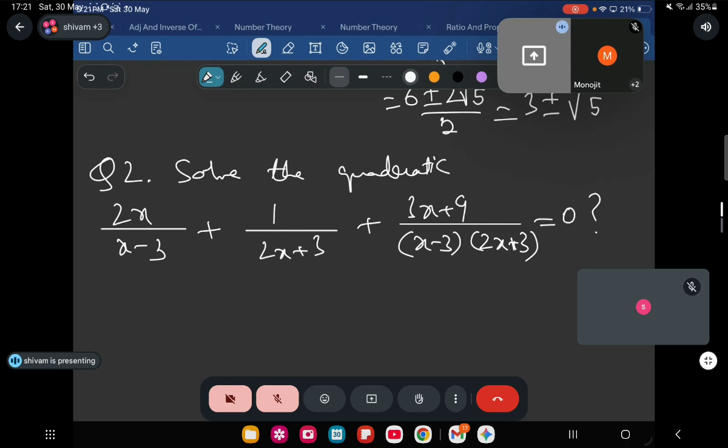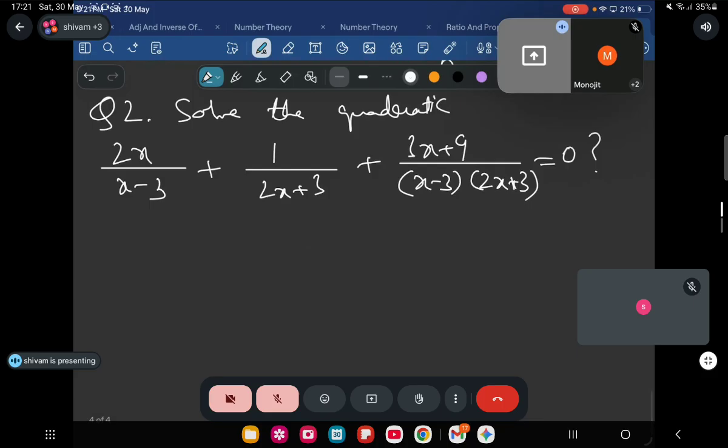You're making some mistakes. I'm telling you where the mistake is in your answers. Can x be equal to minus 3 by 2 ever? Can it ever be equal to minus 3 by 2? Is my answer correct, sir? No, Rishabh, check your answer again.